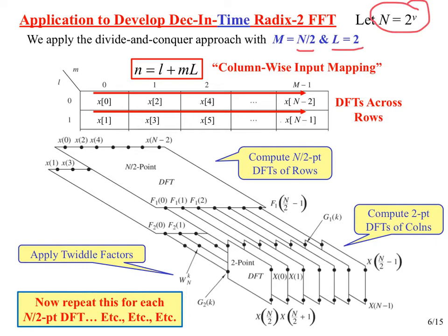And so then if we do our column-wise input mapping, we will go 0, 1, 2, 3, 4, 5, 6, 7, and so on. So that was our mechanism for filling in a column-wise manner. And remember, when we fill in the column-wise manner, we then take the DFTs across the rows.